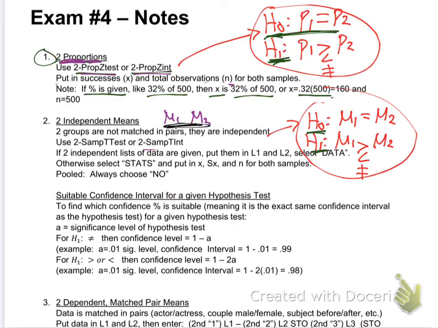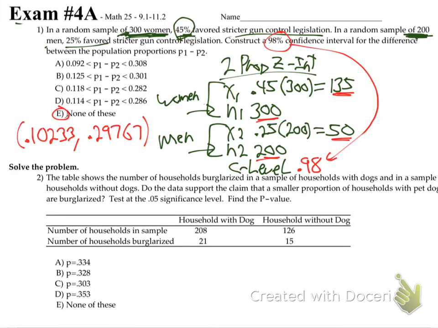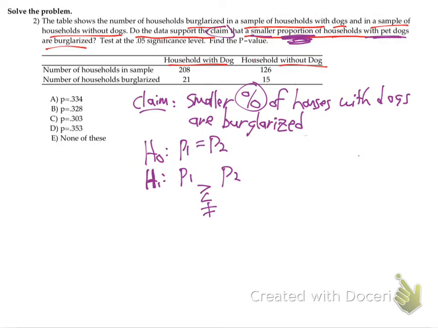We're going to use 2 prop Z test. We're not going to use the interval because this is a hypothesis test.